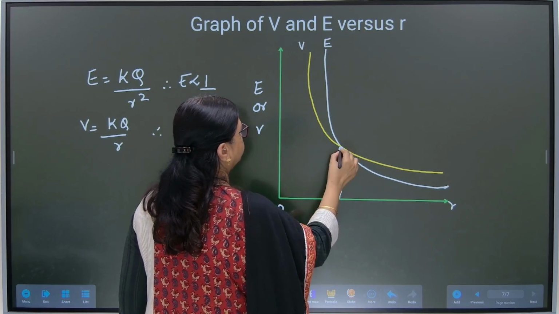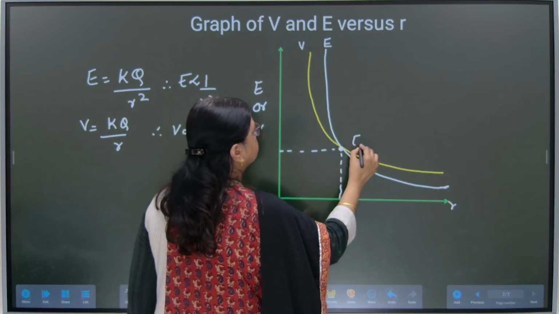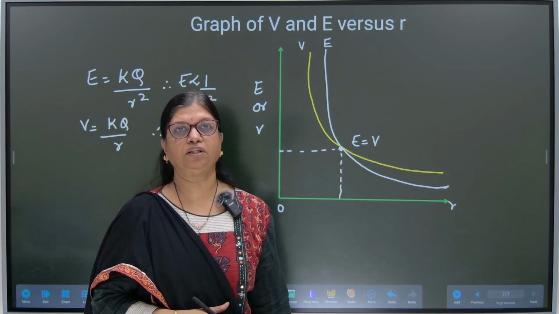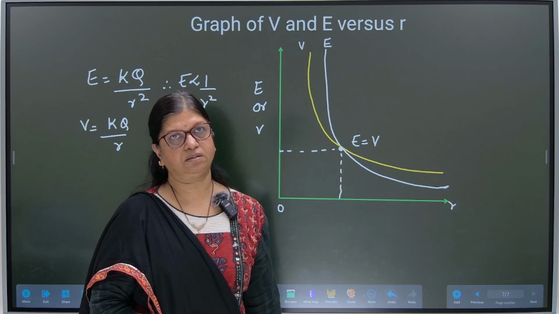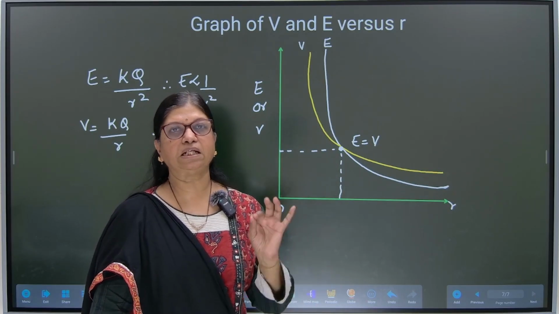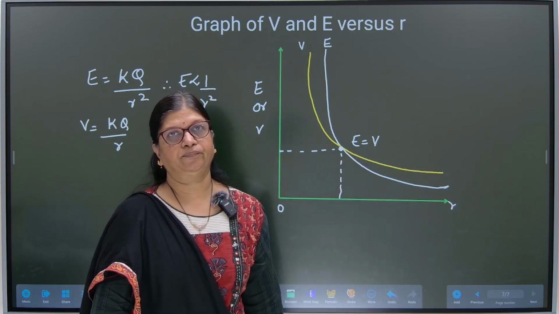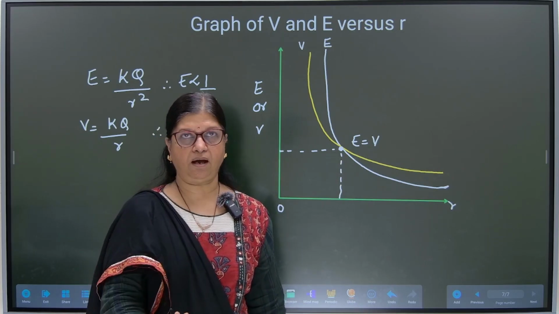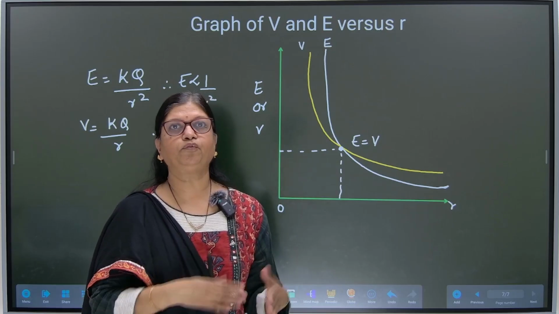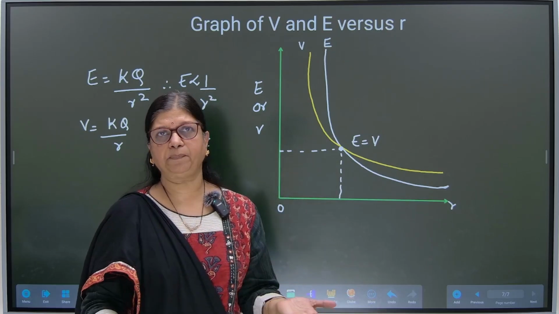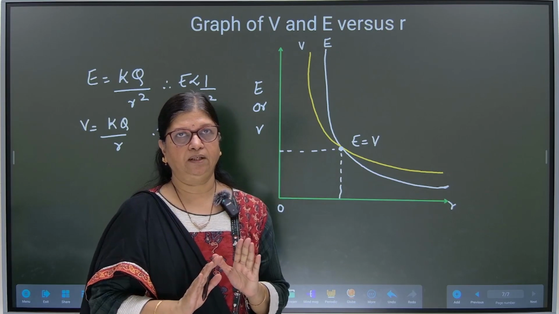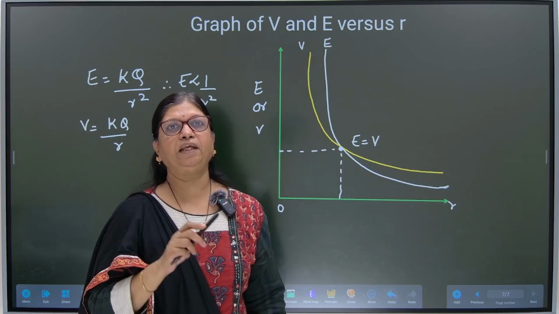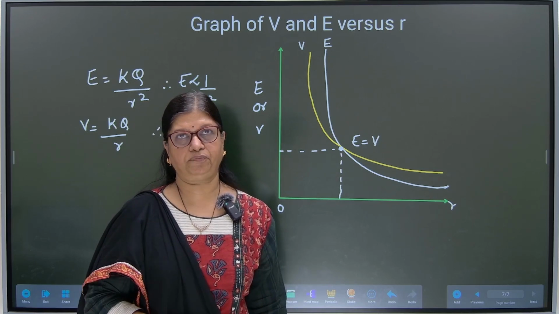Yes. Here E is equal to V. That's why there is a point of intersection between these graphs. The values of E and V are the same at this particular point. This kind of graph can be asked either combined for E and V or separately. So learning the formula, you should immediately be able to plot the graph.